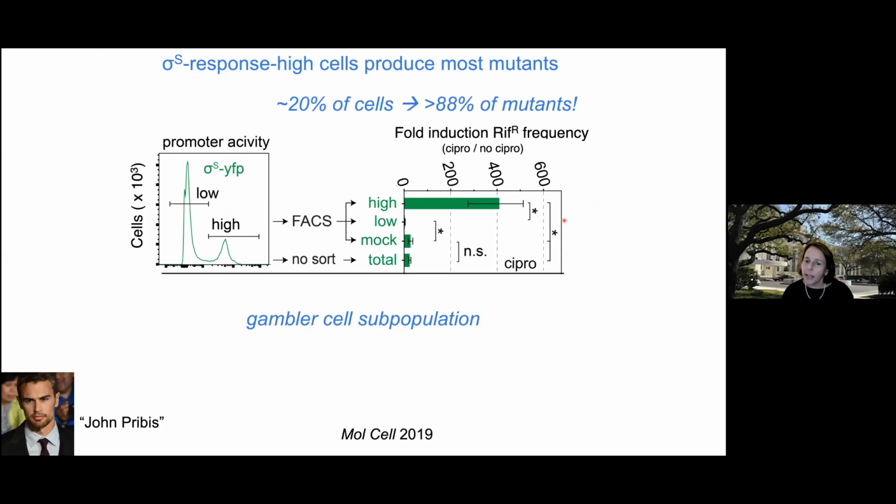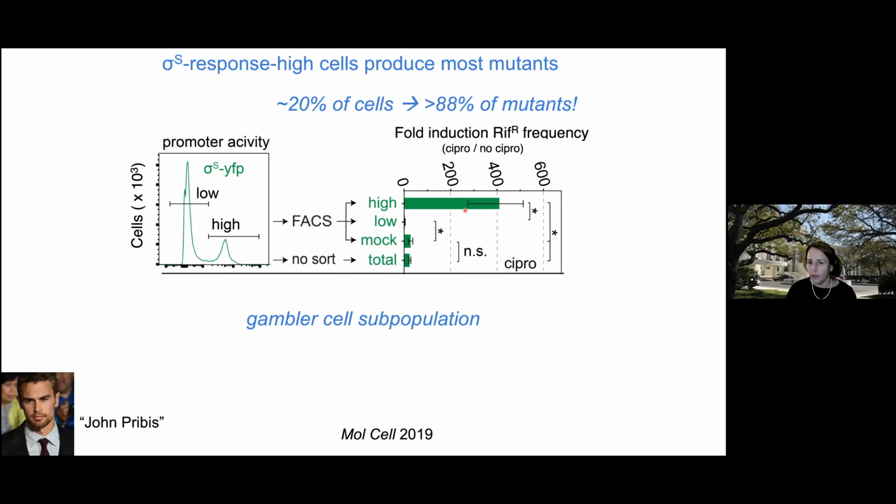And when John FACS sorts them, he sorts out the cells that are the high green ones, and the ones left over that have low greenness, and compares with unsorted and mock. There are 400 times more mutants being produced by this little green population than there are by the low population, this big one. And that's why we call these guys the gamblers.